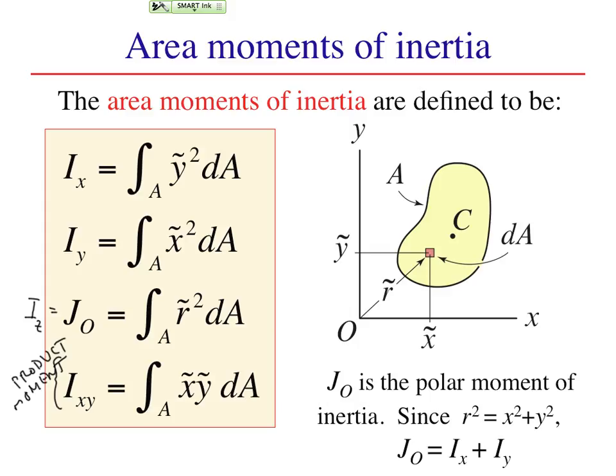In these expressions, the tilded quantities refer to the positions of differential element dA measured perpendicular to the axes denoted by the subscript on the area moment. Note that the orientation of the coordinate system is significant. Suppose we consider an alternative coordinate system, which we'll call x prime and y prime, and this is going to be rotated through an angle theta relative to the reference xy coordinate system.